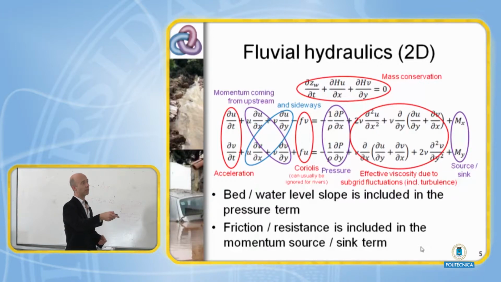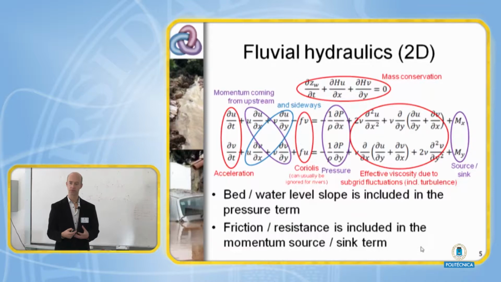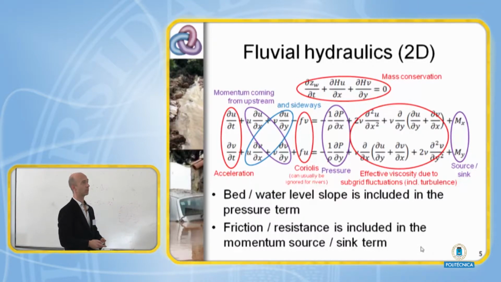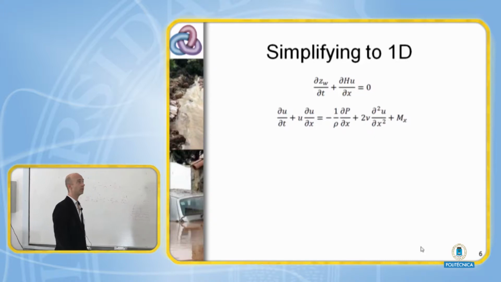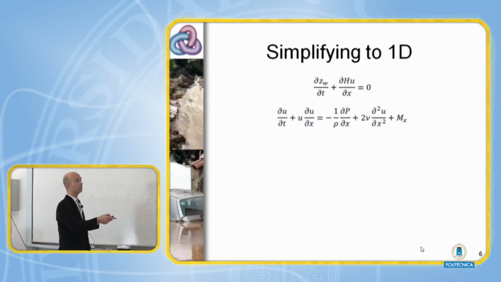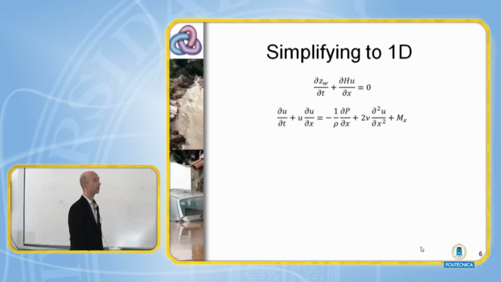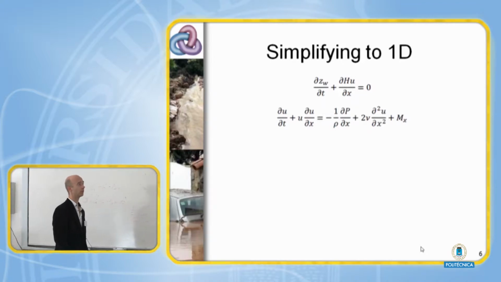And you lose basically most of the viscosity, so then more engineering expert judgment starts creeping in, and calibration becomes more important. So this is what we get if we reduce to 1D. Basically, water level changes if the discharge in the longitudinal direction changes. And we have the velocity, one velocity component, in the momentum equations.